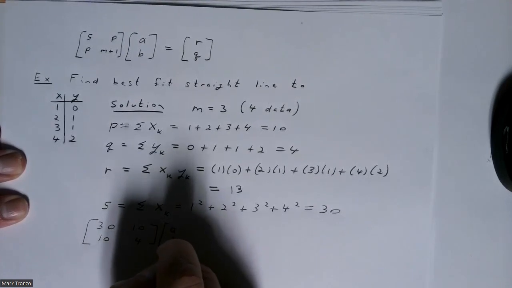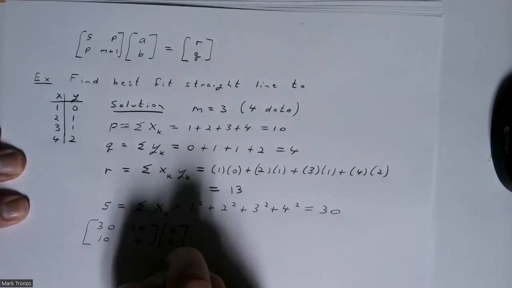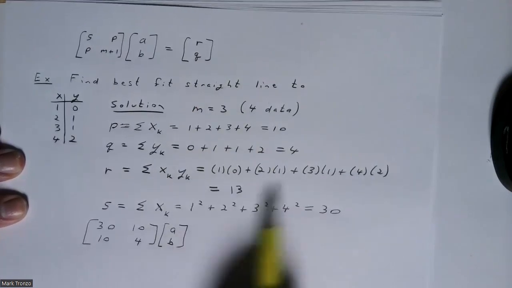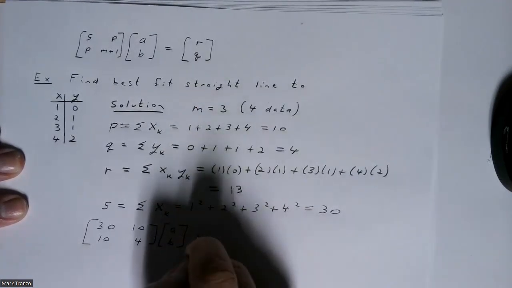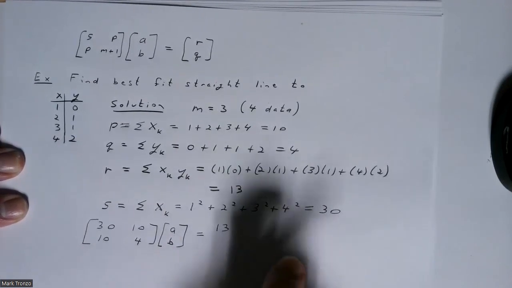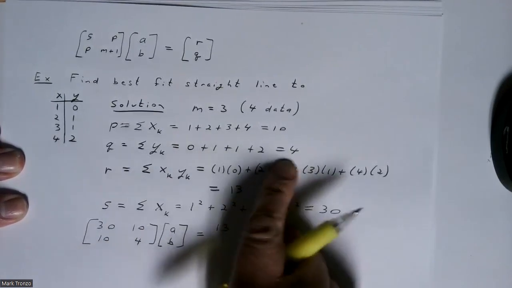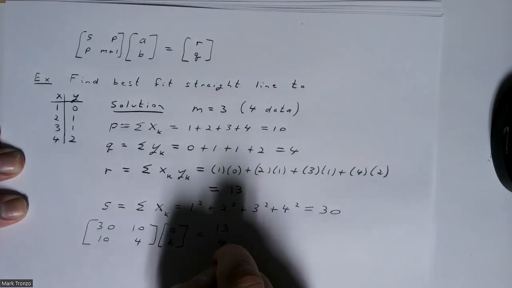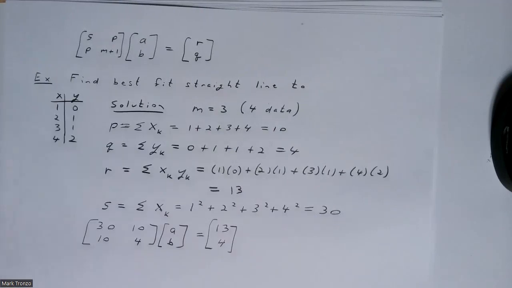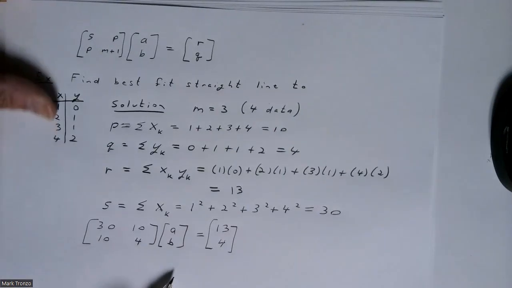And then do AB. And then on the right-hand side, we have R, which is 13, and Q, which is 4. Like this. So we just have to solve this to find A and B.